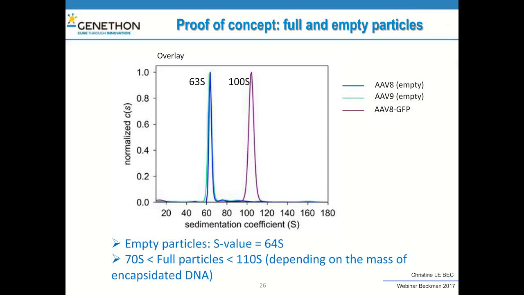On this slide, I show you the overlay of the empty particles, AAV8 in blue, AAV9 in green, and AAV GFP in purple. The S value for the empty particles is around 64, and for the full particles, it's around 70 to 110 S, depending on the mass of the encapsulated DNA.